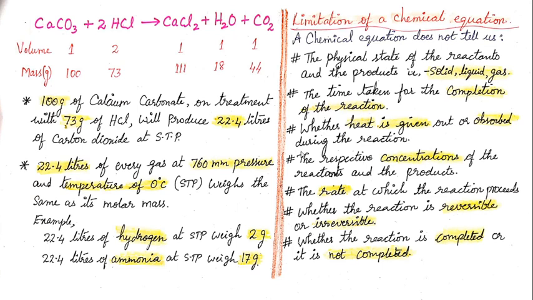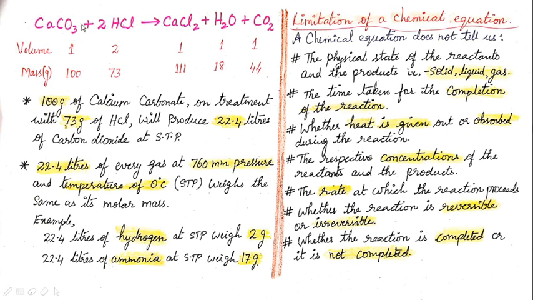Whenever you balance an equation, for doing numerical problems, after balancing you must write volume and mass. Volume is applicable specifically for gaseous substances. Here I have written the volume.